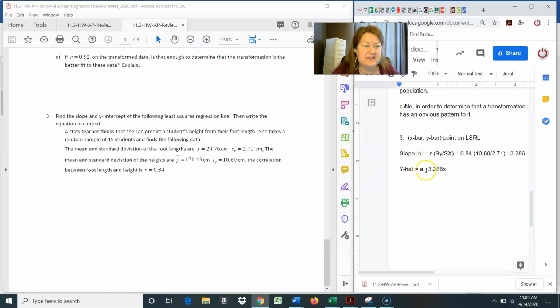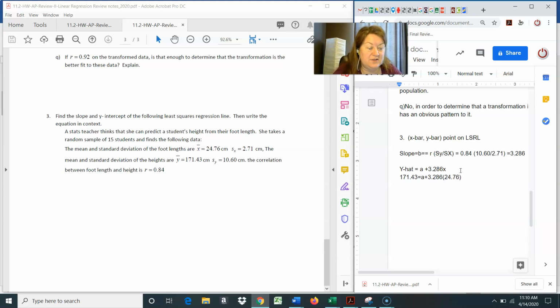The last thing I'm missing is the a, and I can find that by putting the y and x of the point in for y and x here. So I'm going to put in the y bar amount, which is 171.43, equals a plus 3.286 times the x bar amount, which is 24.76.